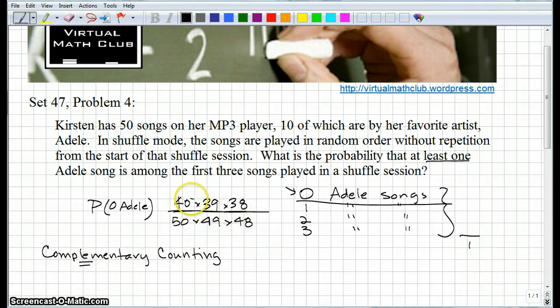Okay. So let's do some cancellation here. Obviously these both have a factor of 10. This is 3 times 13. This is 2 times 19. This is 4 times 12. 49 is 7 times 7.